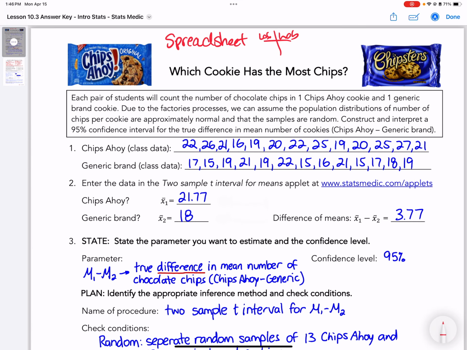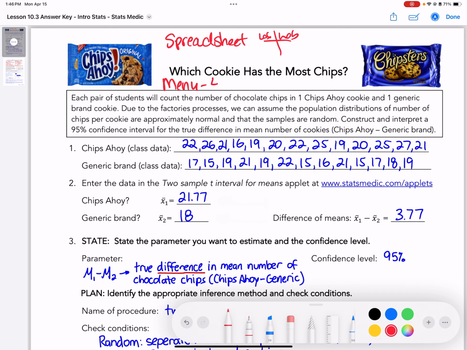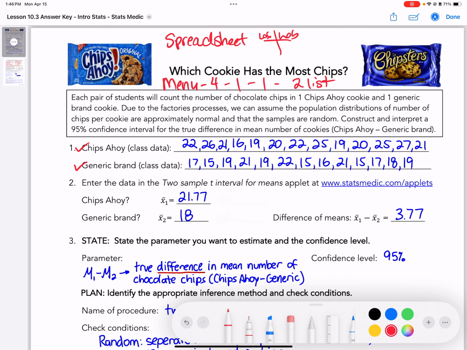And then I did menu, 4, which is stat, 1, 1, and I have 2 lists because I had this list and I had this list. I was looking for the X bar 1, and then I was also looking for my S, and S2, and then I was looking for N1 and N2.